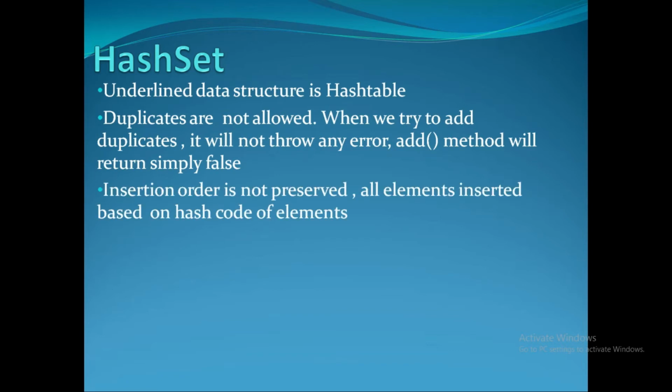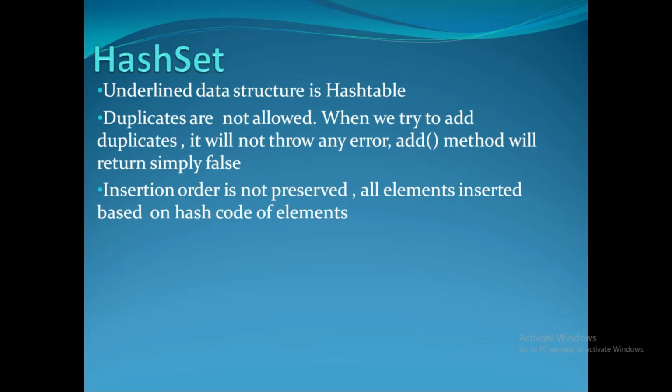The next one is that insertion order is not preserved. All the elements are inserted on the basis of hash code. I told you at the first point that it uses the hash table, and hash table puts the value in the table based on the hash code. So that's why the insertion order is not preserved.